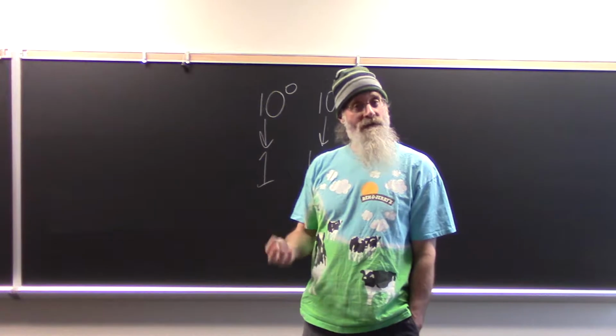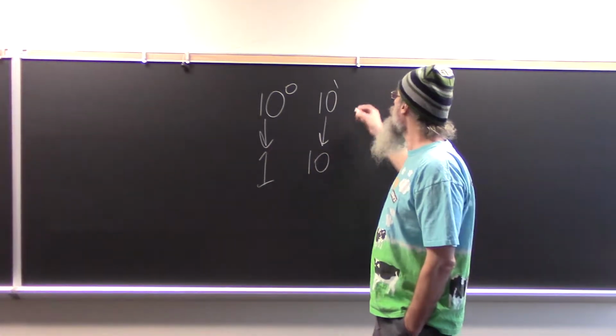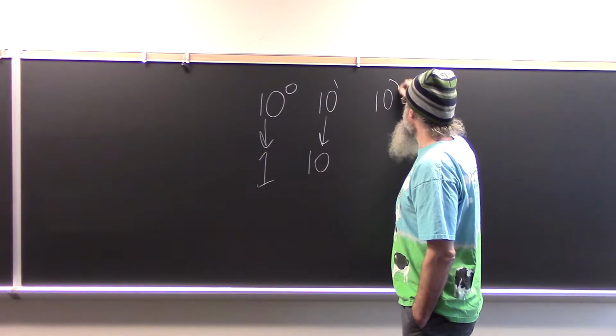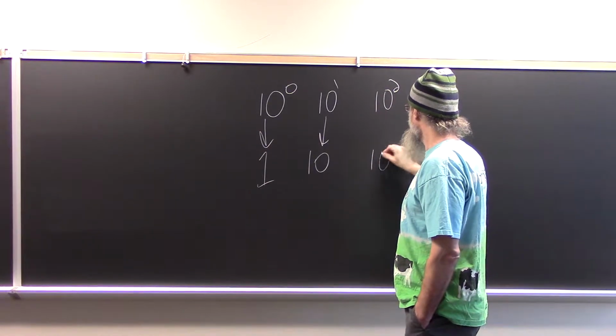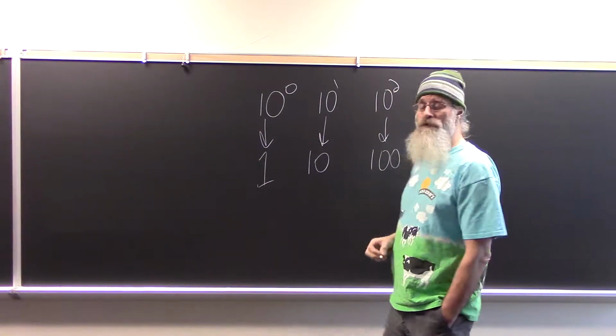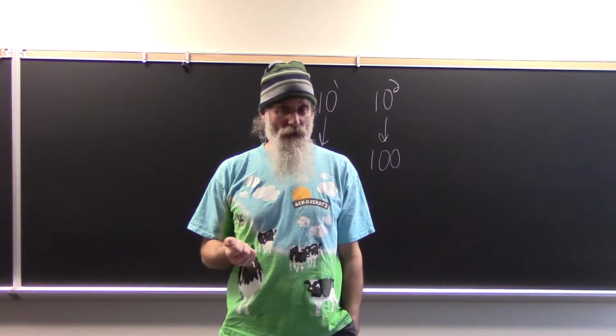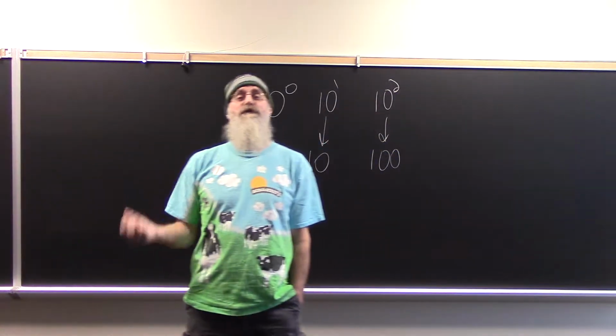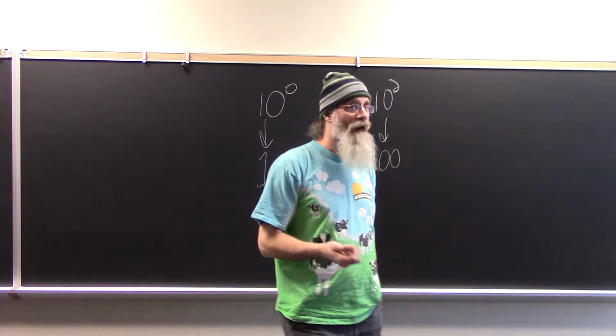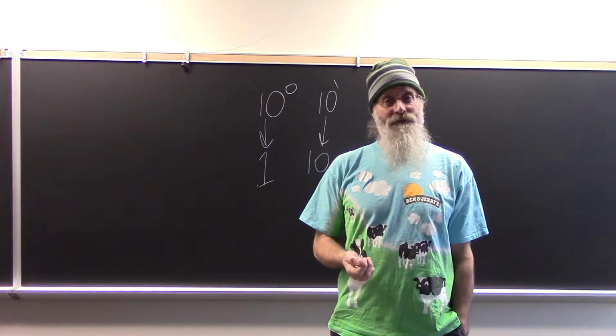So 10 to the 1 and 10 are equivalent. And going on in this direction, 10 to the 2 is 100. If you were to dilute something, which is something we're going to be considering, 100-fold, it's the equivalent to dividing by 10 to the 2.